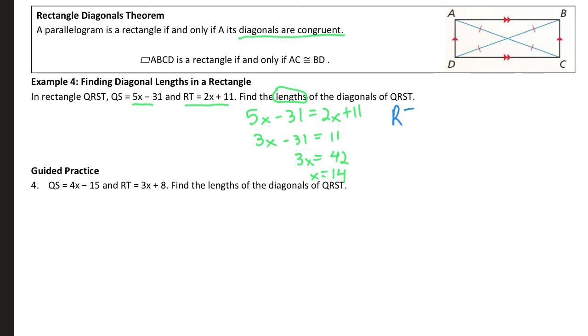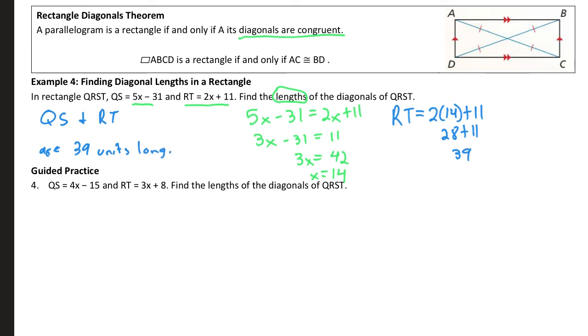So I'm just going to substitute into RT. 2 times 14 plus 11. 28 plus 11 is 39. So over to the left here, I'm going to say QS and RT are 39 units long.